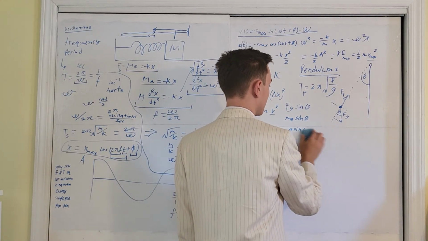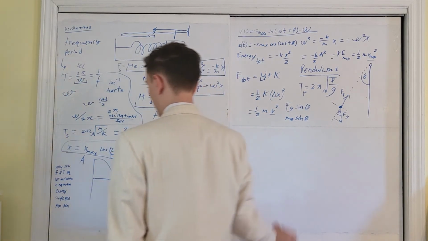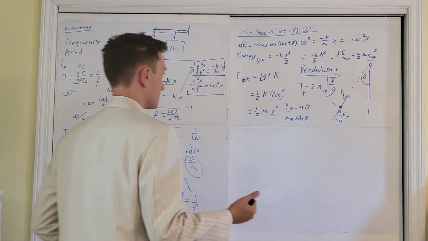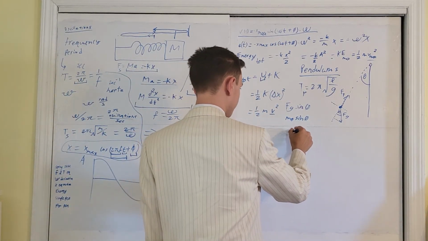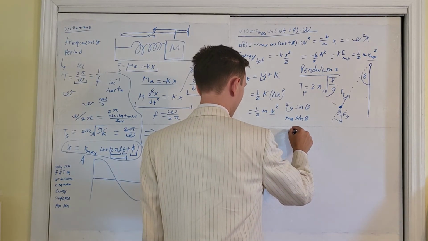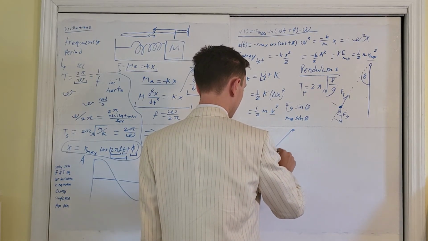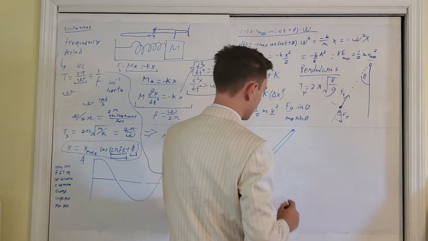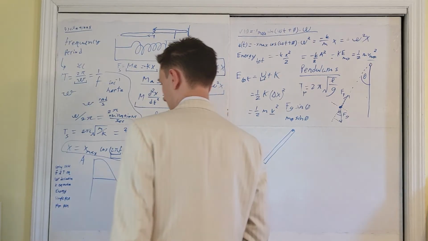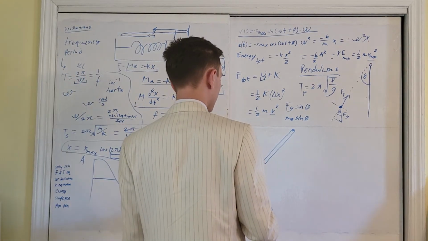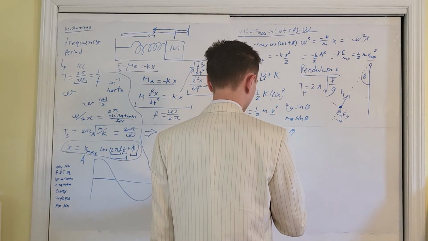Now we're going to consider what is the scenario when we don't use a string, when we use something that doesn't have negligible mass. So let's say we have a center point here, and we have a rod, like a solid metal rod, that is oscillating around that center axis of rotation, okay? In this case, you are dealing with rotational motion, okay?